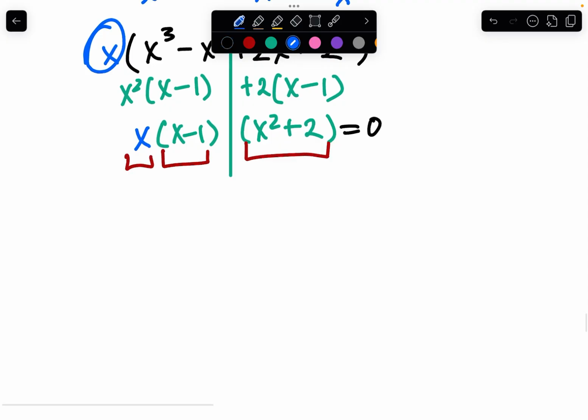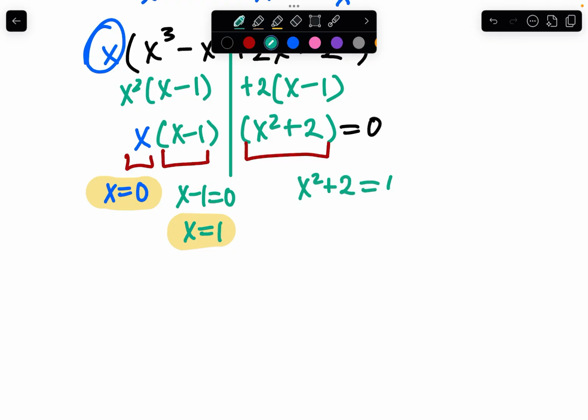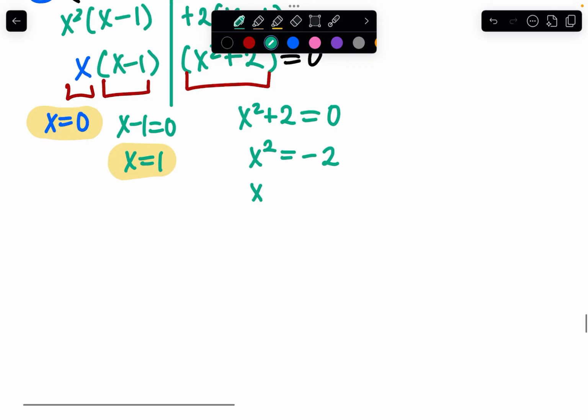So for this x, that would lead us to x equals 0. This x minus 1 would lead us to x equals 1. And then for x squared plus 2, when I set that equal to 0, since there's no x term, the best way to do that is to just subtract 2 from both sides and then use our square root property, which says x would be the positive or negative square root of negative 2.